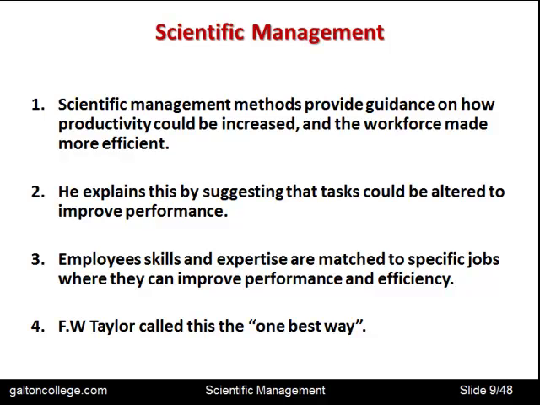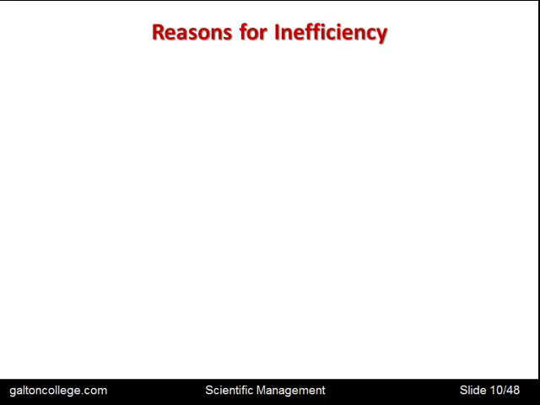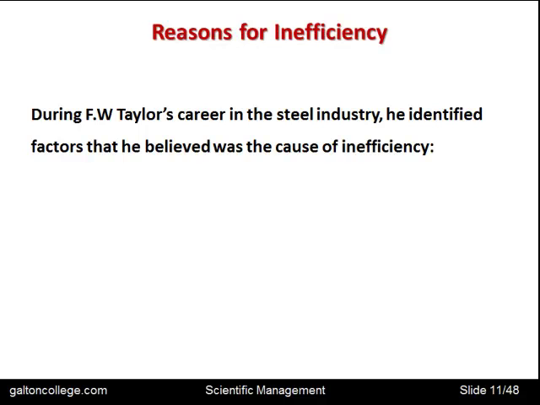Taylor called this the one best way, and we're going to talk for a little about the one best way. First of all, let's look at the reasons for inefficiency. During Taylor's career in the steel industry, he identified factors that he believed were the cause of inefficiency.